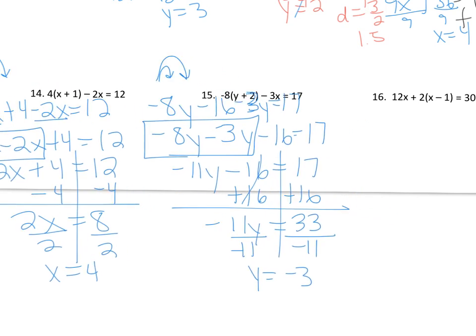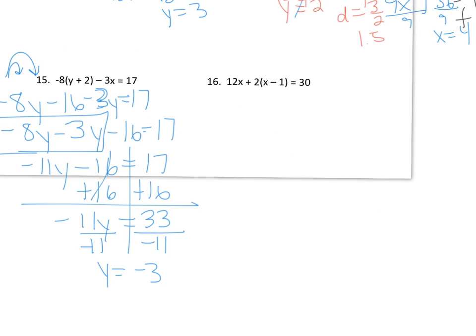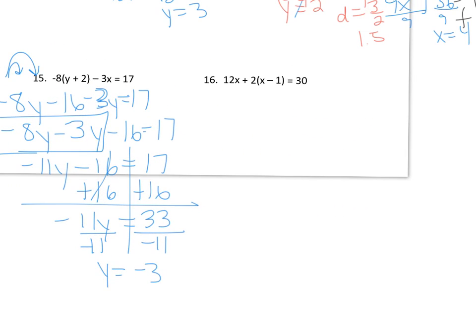And then the last one, we've got 12x, and now, oops, let me write my x here. Okay, 2 times x is going to give me positive 2x, and 2 times negative 1 gives me negative 2. Now I don't have to use a commutative property here because my like terms are already together, so I just have to combine them. 12x plus 2x is 14x.